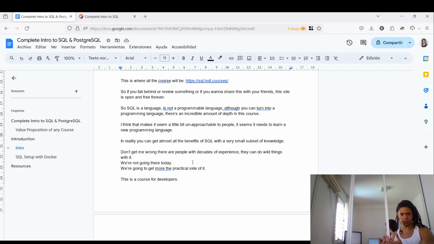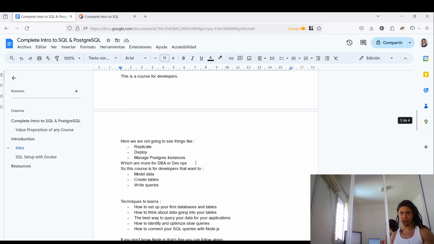How you can use this database on the internet, someone has to deploy that. That's right. So here we're not talking about replicating, deploying, or administration, managing a Postgres instance. In this course, we're going to take the developer perspective, how we're going to interact with this.